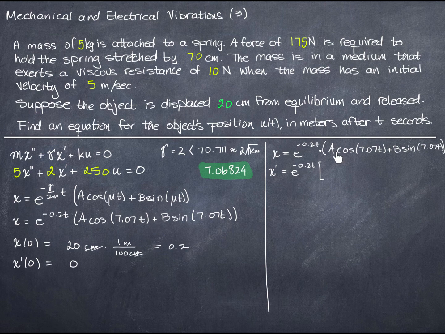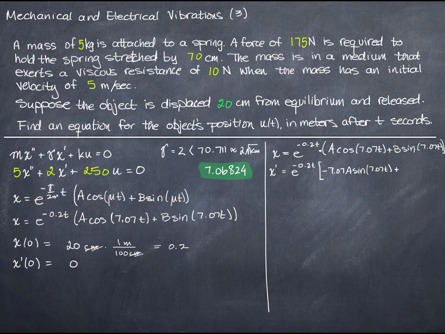Okay, so the derivative of a sum is the sum of the derivatives. So I'm just going to take the derivative of this and add the derivative of this. The derivative of cosine is negative sine, and the chain rule requires that I multiply by 7.07. So I end up with, in here, negative 7.07a times the sine of 7.07t plus, remember a is a constant, so the product rule applies here, but when I take the derivative of the first, I get 0.